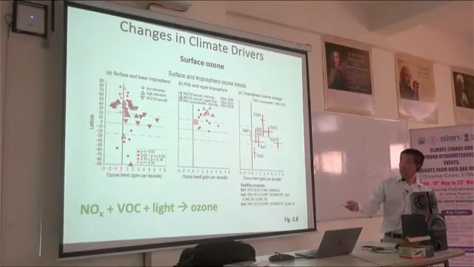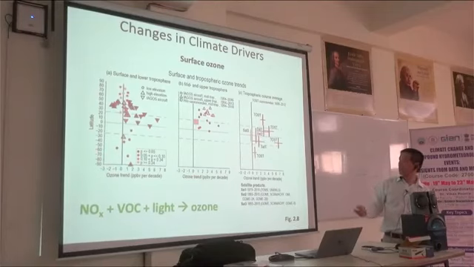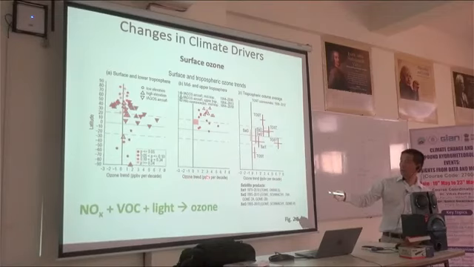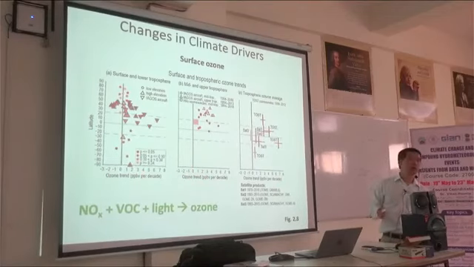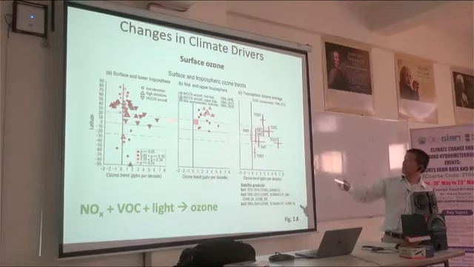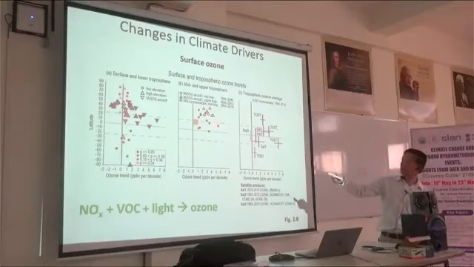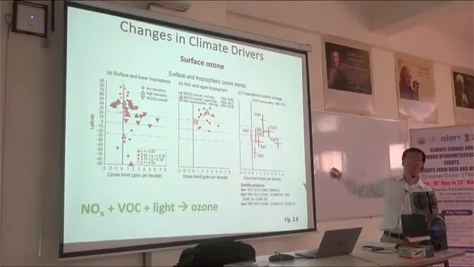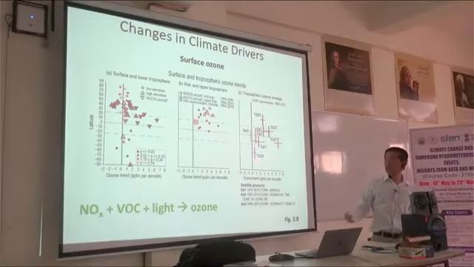The x-axis is basically the trend, and the y-axis is latitude. The trend is per decade, whether they are increasing or decreasing. These are the ground measurements, these are the satellite measurements, and in more recent years, people have satellite measurements for surface ozone.